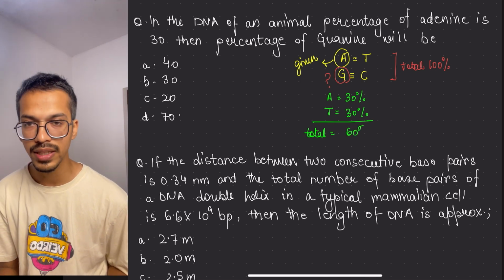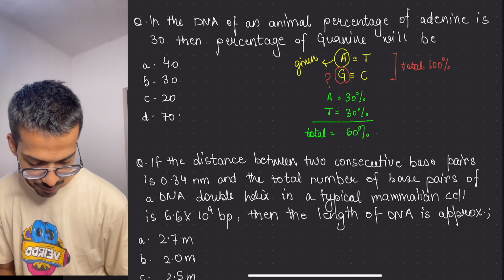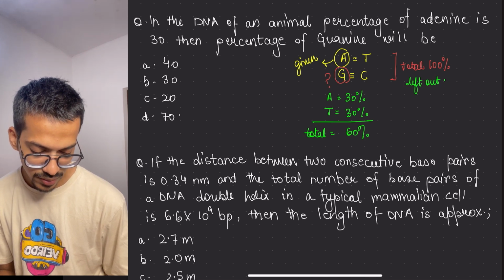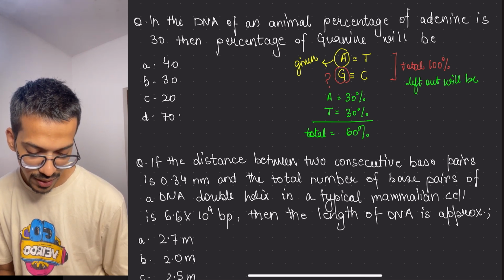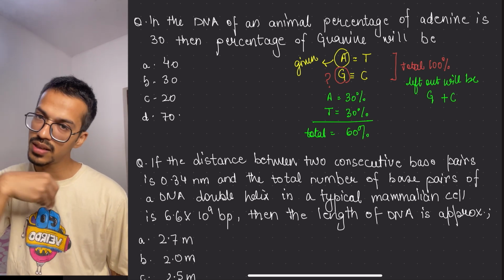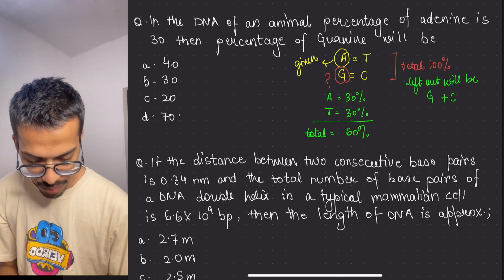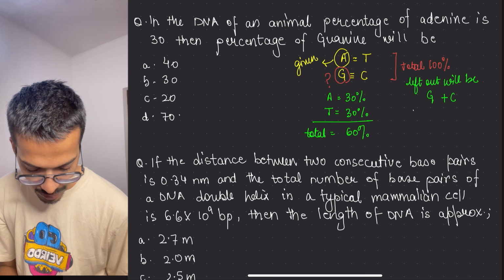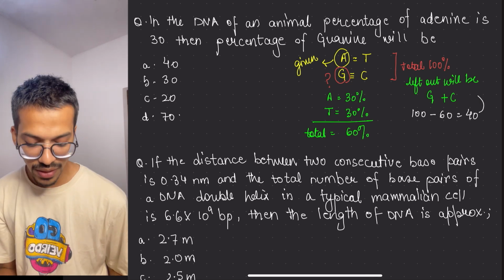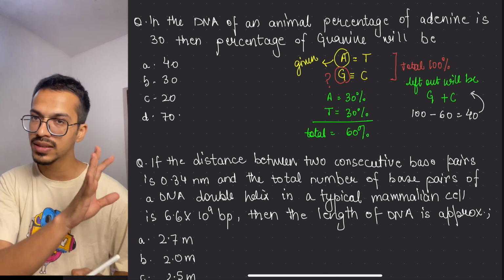So the left out would be G plus C, because the total is 100, 60 is done, and the left out would be 100% minus 60, that is 40. So G plus C will be 40%.